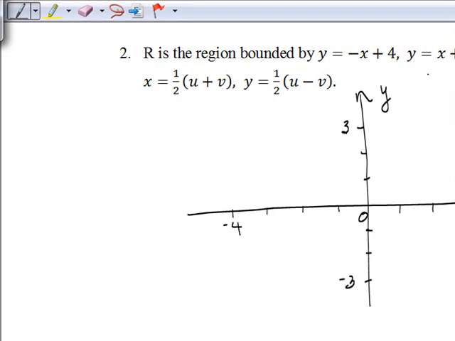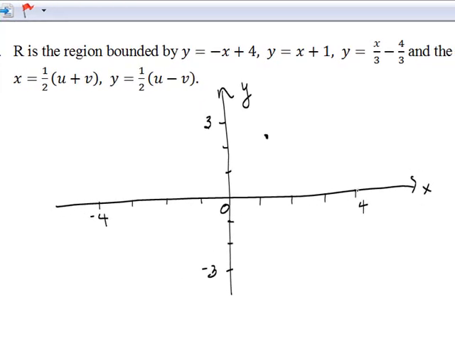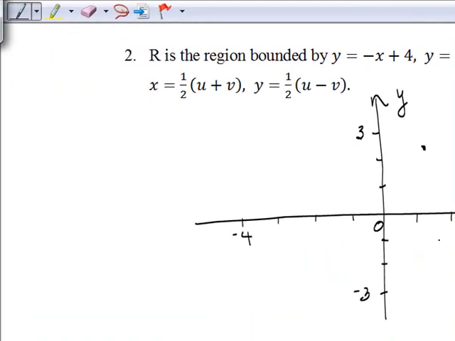So let's get the point 3 halves, 5 halves. It's about here. Then 4, 0. Then I want minus 7 halves, minus 5 halves, which is here.